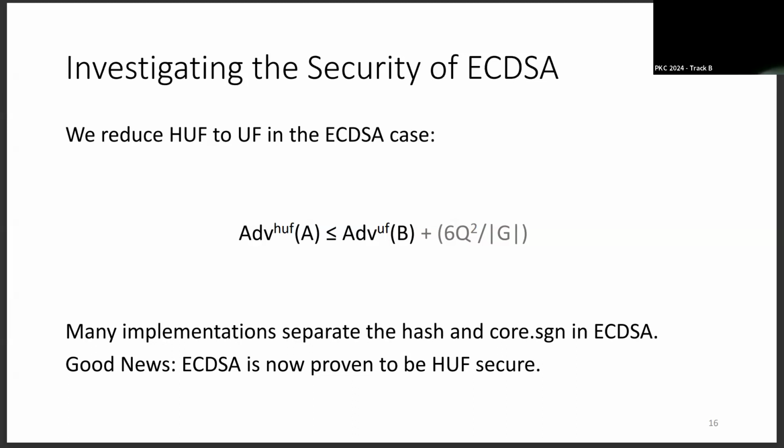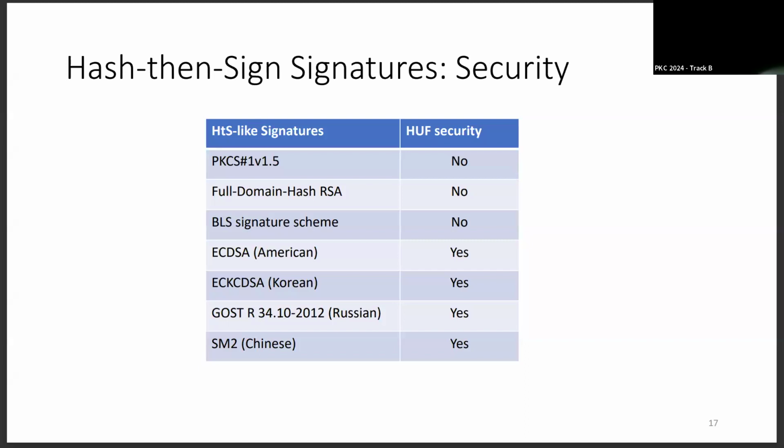This is fortunate because it means that all of the implementations in BoringSSL or Gcrypt and so on are actually secure, right? We figured that all the other schemes are actually secure in the HUF model: ECDSA, ECKCDSA, GOST, and SM2.